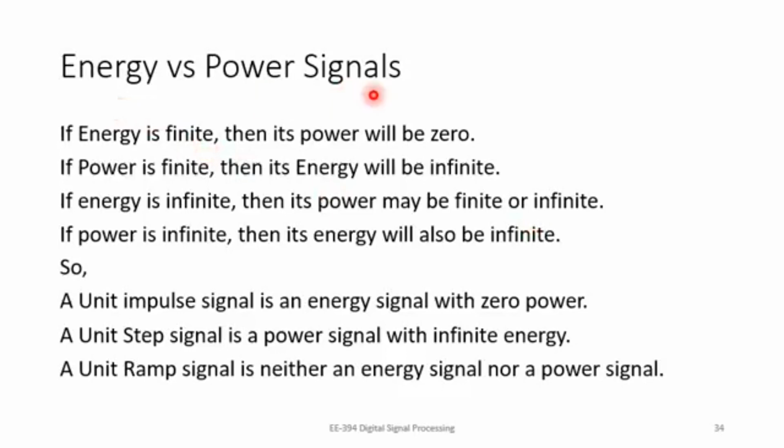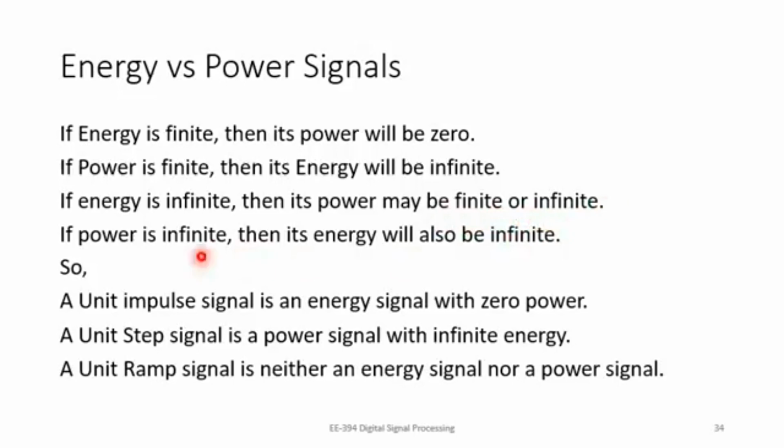So in summary, if energy is finite, then the power will be 0. If power is finite, then obviously you collect all the power from all infinite samples, so the energy will be infinite, as we saw in the unit step example. And if energy is infinite, then its power may be finite or infinite.